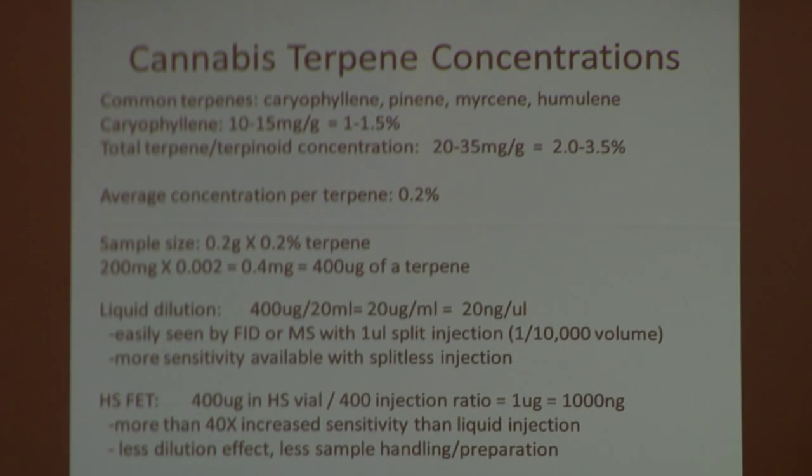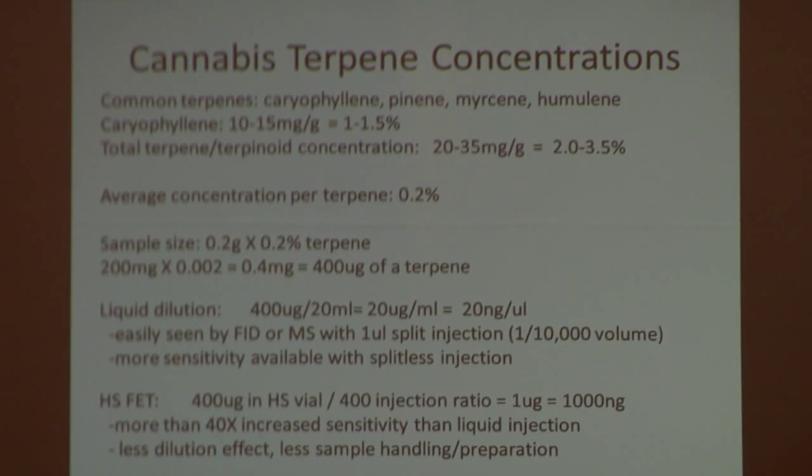If we do it by headspace, using total vaporization or full evaporation technique, we put the same amount in the headspace vial. We'll have about 500 micrograms of that terpene in a vial. And of the vapor that we would inject, we might only get about 1/400th of the volume of a headspace vial that actually gets injected.